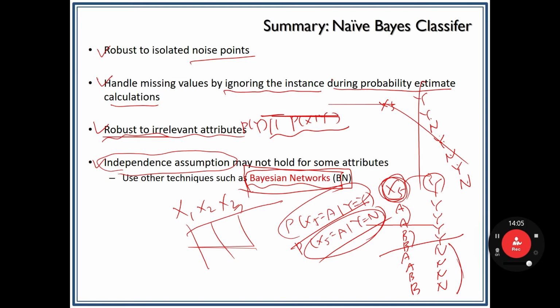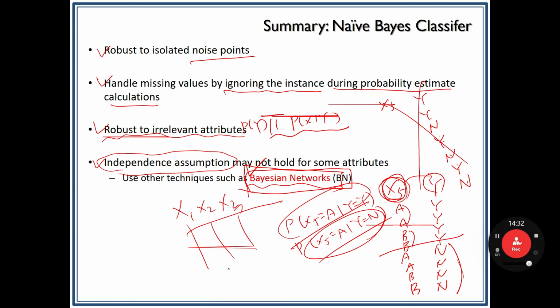In addition to naive-Bayes classification, there are several Bayesian approaches for classification. One example is the Bayesian network, and the other one is Bayesian neural networks, and there are a few more.